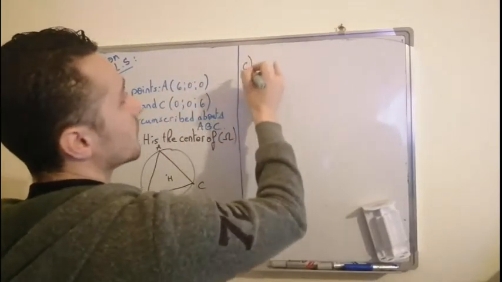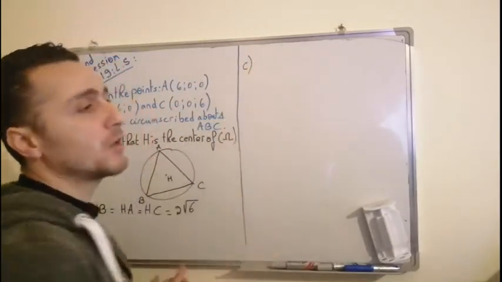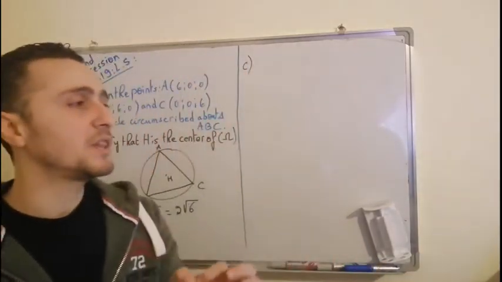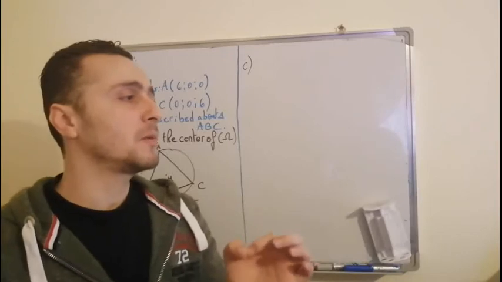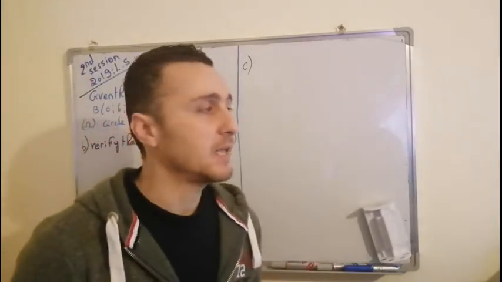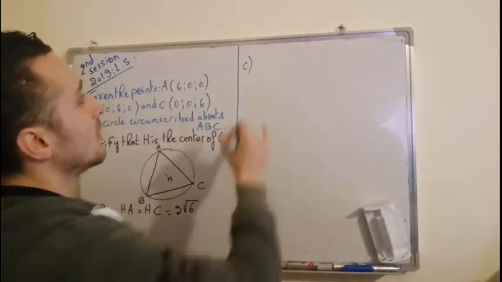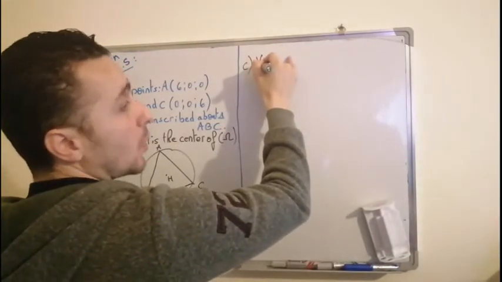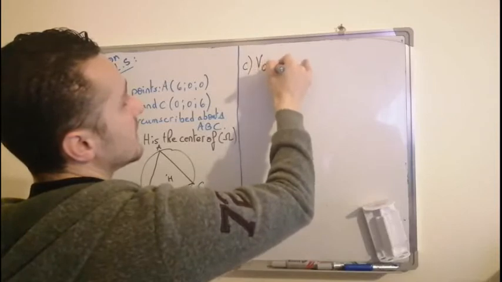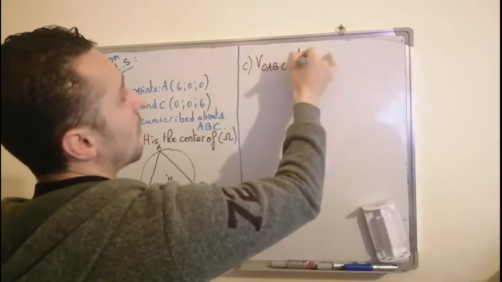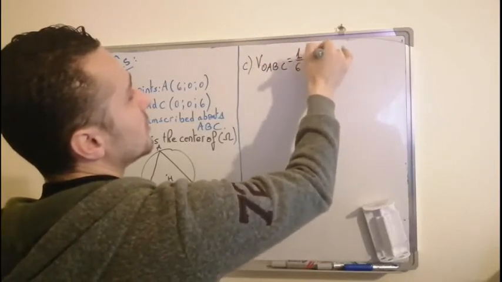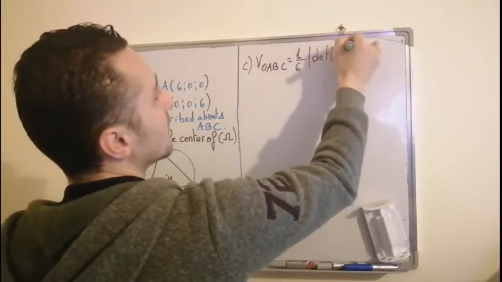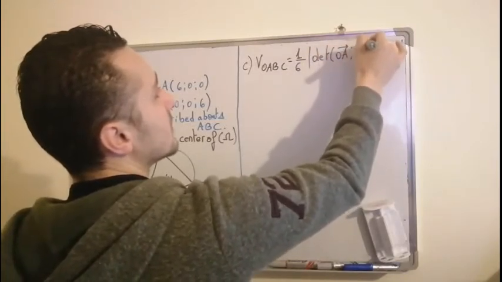3C, show that the volume of tetrahedron OABC is the triple of the volume of tetrahedron OAHB. Volume of tetrahedron OABC equals 1/6 absolute value of determinant of the three vectors OA, OB, OC.